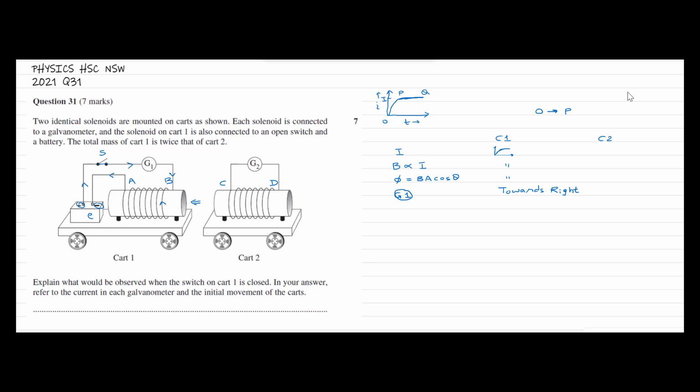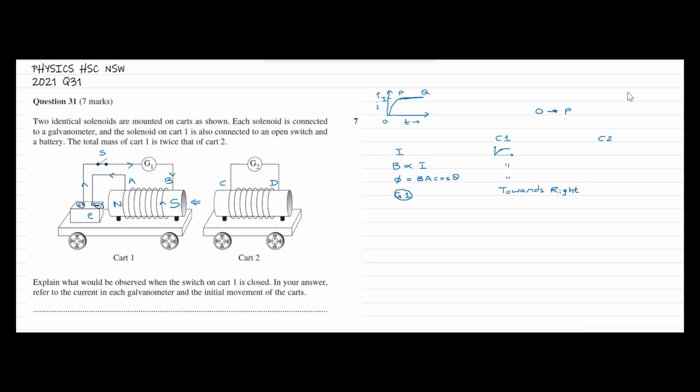It is clockwise, and a clockwise direction of the current signifies that this side behaves like a south pole, and obviously the other side will be the north pole. So that will be the polarity of the magnet. Whenever we have a DC voltage applied across an inductor, that solenoid will behave like an electromagnet, and that's how it is behaving right now.